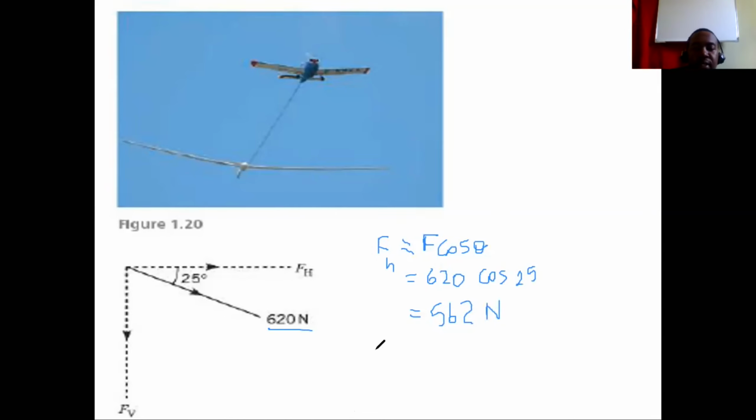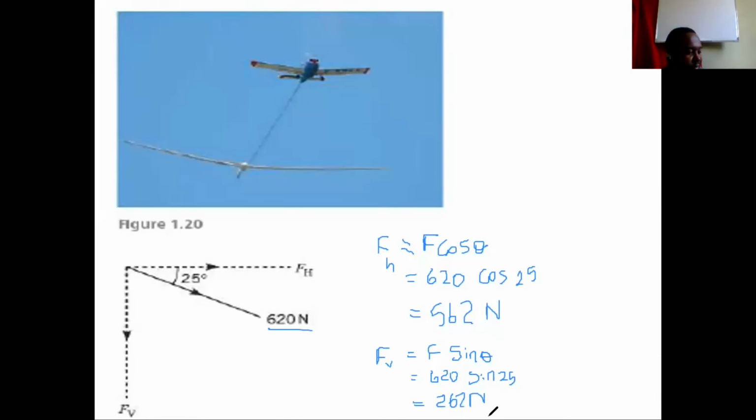So that's your horizontal, and the next part asks for your vertical component, which is your y. So that would be your F, and instead of cos, this time we put sine. So it is 620 sine 25, and that's 262 newtons.